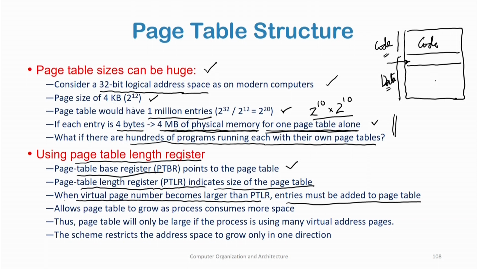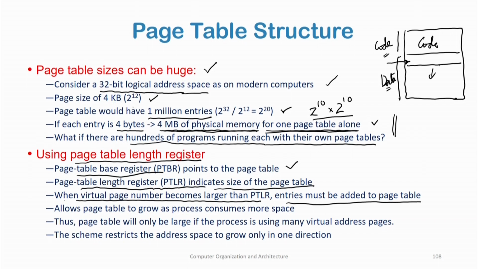One is the stack segment, which is allocated as new procedures or functions are called by the program, and the other is the heap segment, from which I allocate dynamic memory. So, when I use malloc or calloc, I allocate it from the heap part of the virtual address space of a process.